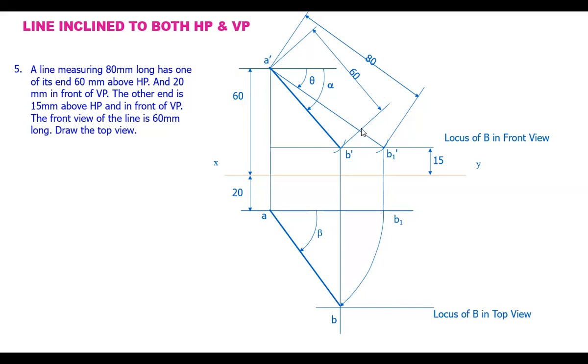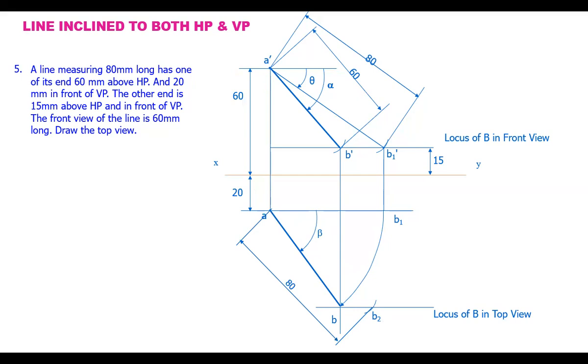Now, knowing the true length of the line, that is the 80 mm true length, from A we draw an arc here intersecting the locus at a point. This point we call B2, in the top view. That is, we are assuming the line now parallel to HP.